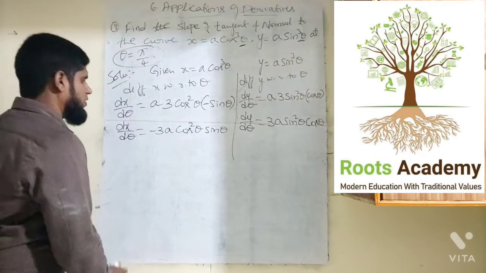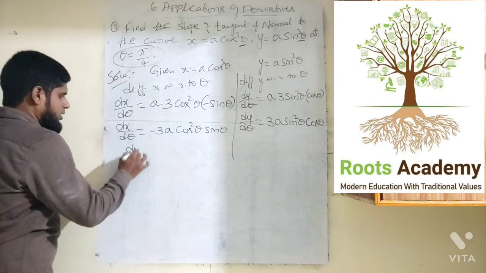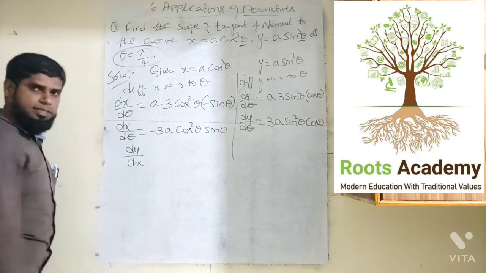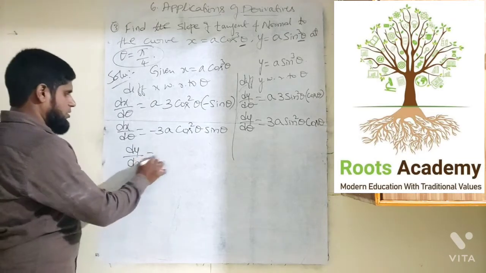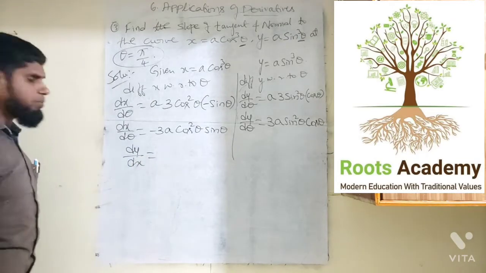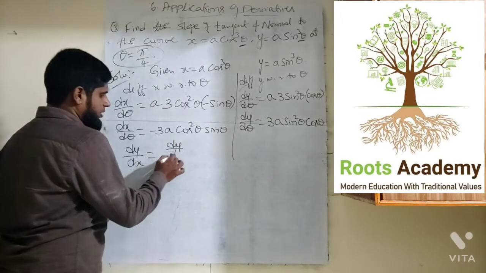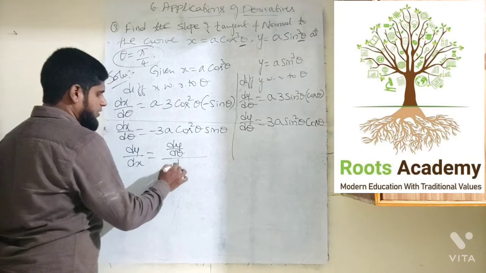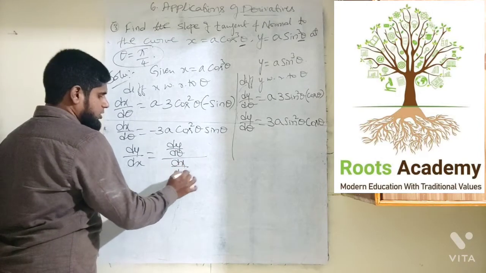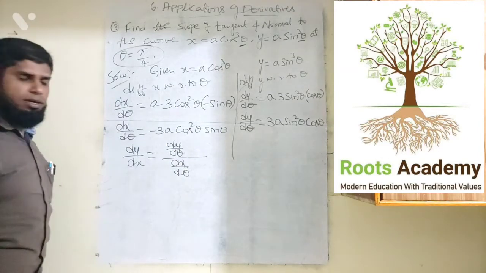With these two derivatives, we can get our dy by dx. What is dy by dx? Formula in parametric functions: it is dy by d theta whole divided by dx by d theta.